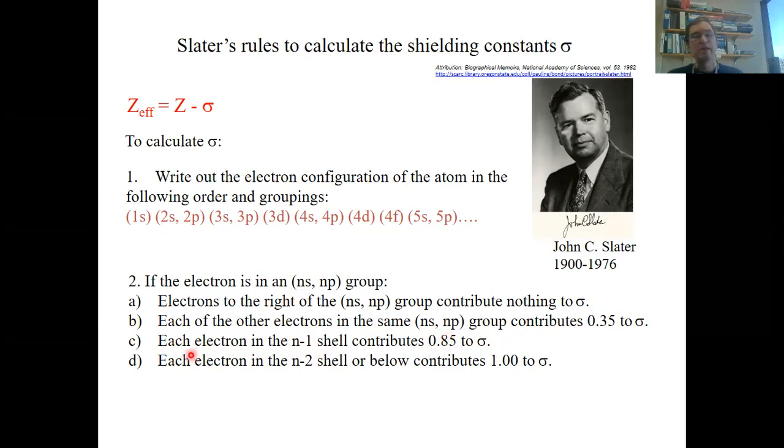And any electron in an n-2 shell or below contributes 1.0 to sigma. These electrons are so much closer to the nucleus than the electron that we look at that they fully shield a positive elementary charge from the electron.